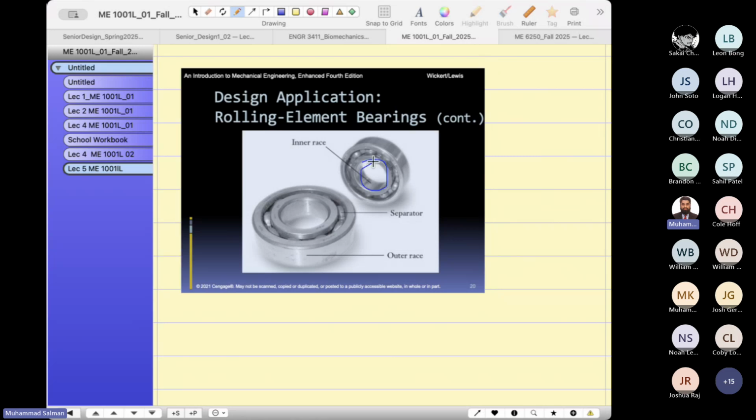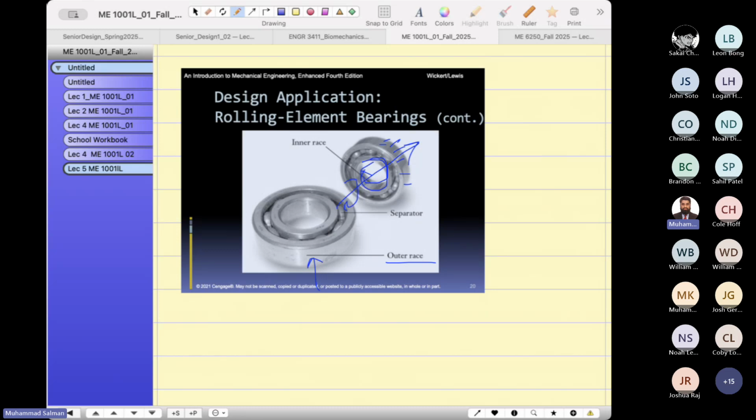The shaft goes through this inner race, and the outer race is stationary, grounded. Only the inner ring rotates, so the shaft rotates, and the whole engine or assembly is not rotating. Outer race is attached to the block or the engine housing.